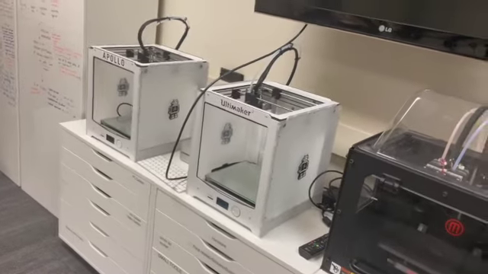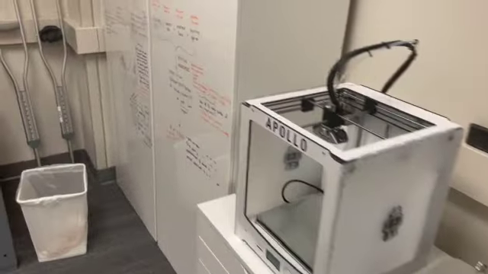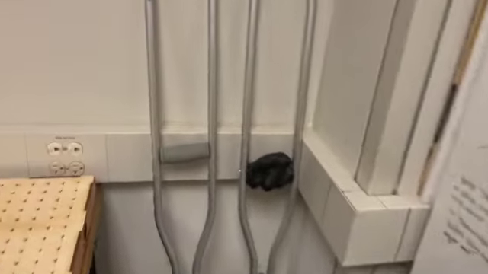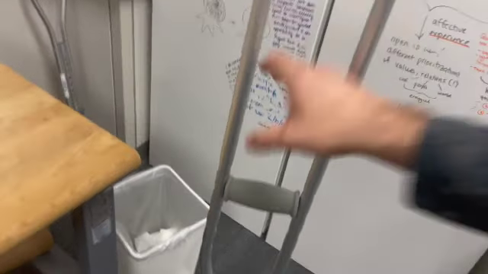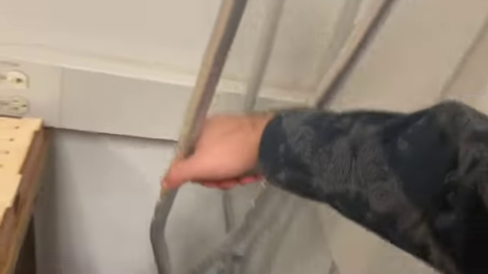Another example of this is a handle here that we have. Usually a device that helps with mobility, like this device that we have here, comes with a standard handle, but some people might have difficulty with grabbing and holding this handle.